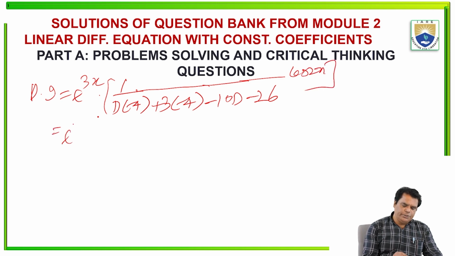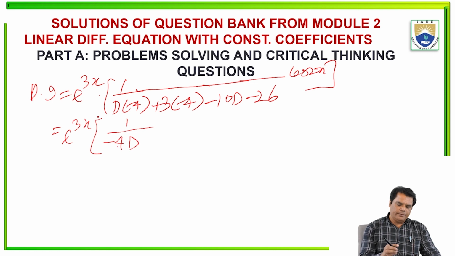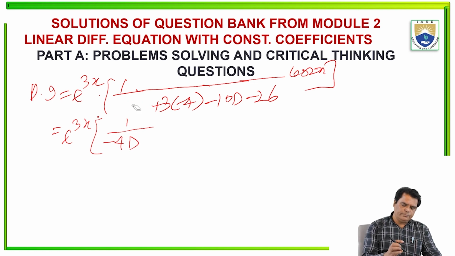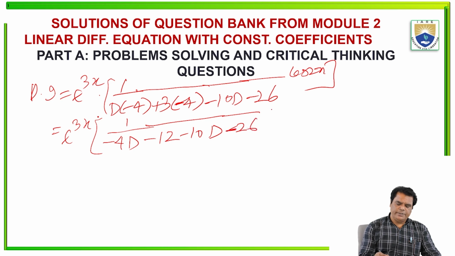Now this equals e^(3x) 1 upon −4D, 3 into −4 is −12, −10D and −26, and cos 2x.